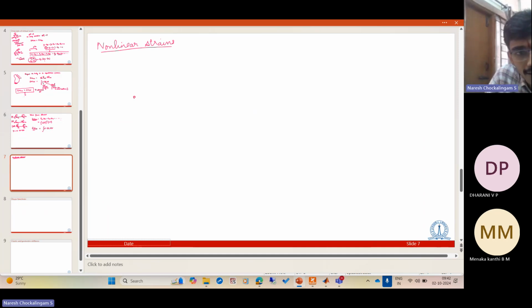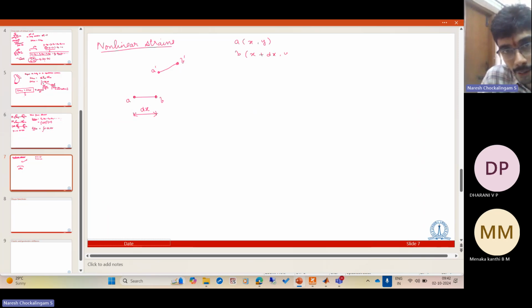So imagine there is a segment of the beam. So initially it is horizontal, and after deforming it goes to some other configuration. So this segment has a length dx, and after deforming it has got some other length. So say this point is A, it goes to the point A dash, and the point B goes to the point B dash. So suppose A has the coordinates x comma y, B has the coordinates x plus dx comma y.